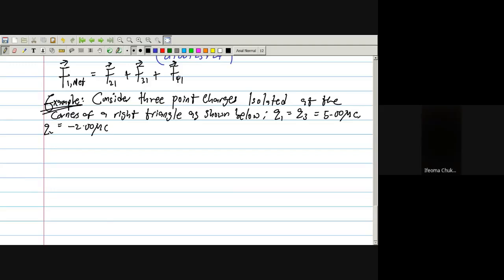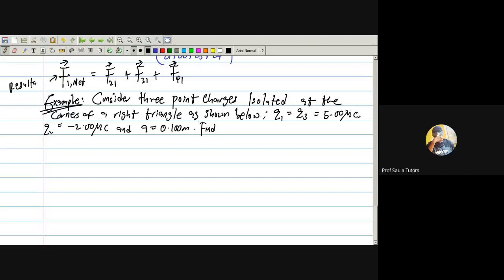And we're given a parameter A equal to 0.100 meter. They say find the resultant force exerted on charge Q3.